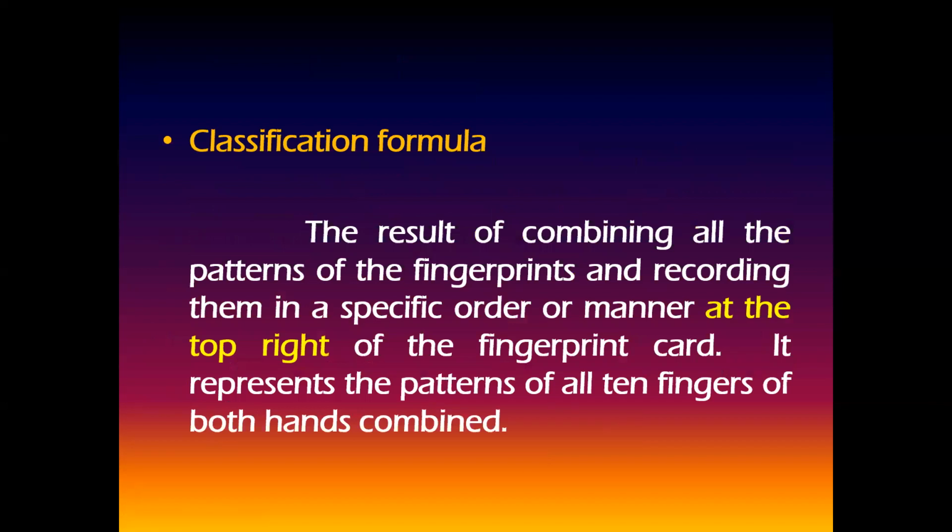The classification formula is, of course, the combination of all the patterns appearing in our 10 prints. You might be asking, what if I have an extra finger? Well, of course, extra fingers are not included in the classification.